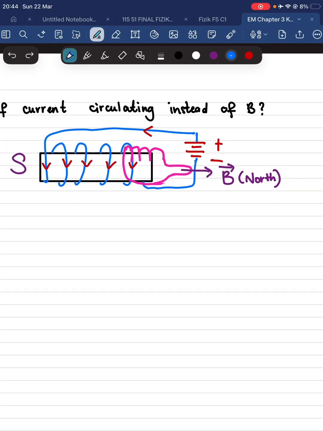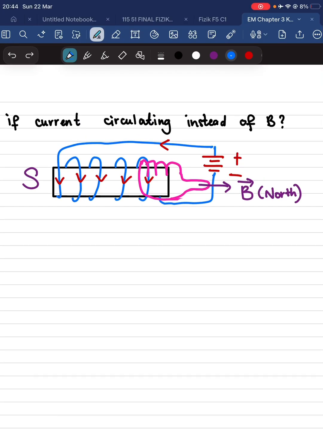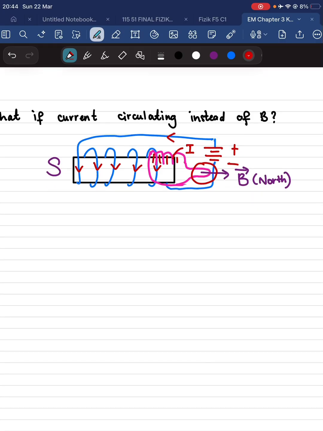But now the fingers will be the current. These four fingers will follow the current direction, and the thumb will be the field, and the thumb must be directed to the north side of the electromagnet or magnet, right?